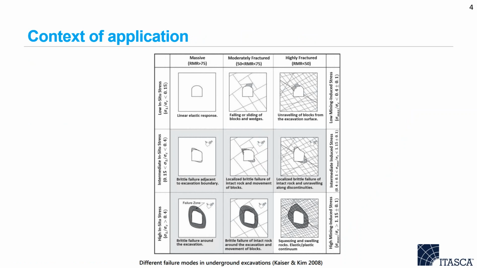So why do we need to use bonded block modeling? We know that the behavior of rock masses depends on the properties of the rock, of the fractures, and of the in situ stresses. What we most commonly know is shear failure through the rock mass or through the joints.